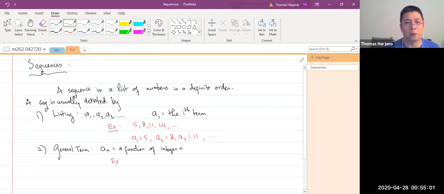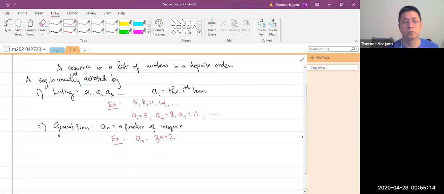For example, a sub n equals 3n plus 2, for n greater than or equal to 1.